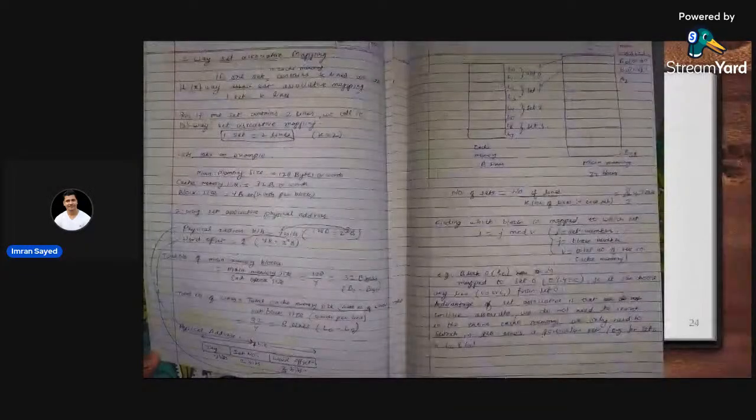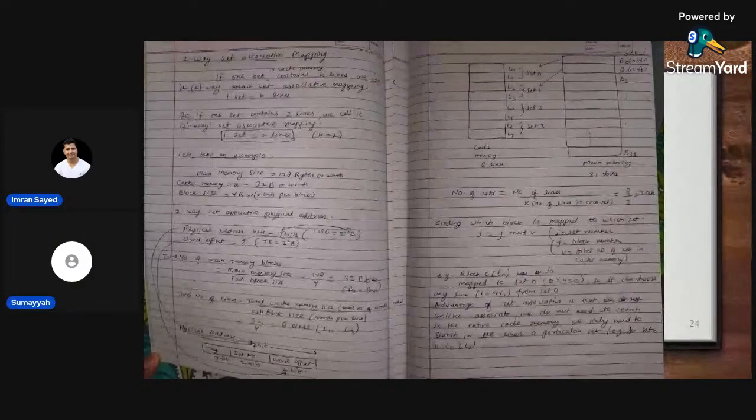Okay, just give me 1 second. Hi, Somaya. Hi. How's the preparation going on? Okay, so far. How much percentage done on the computer organization?